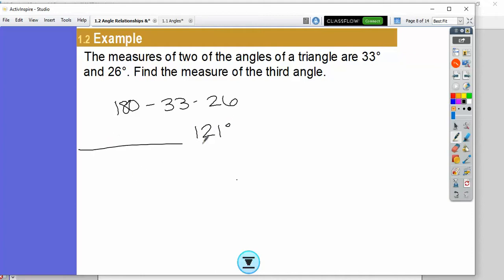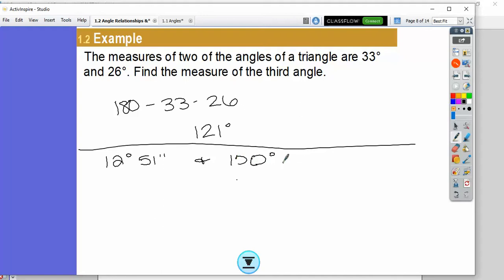What if I said the angles of your triangle were 12 degrees, 51 minutes, and 100 degrees, 13 minutes?